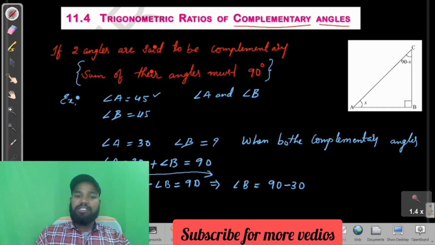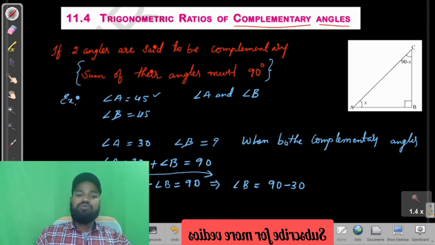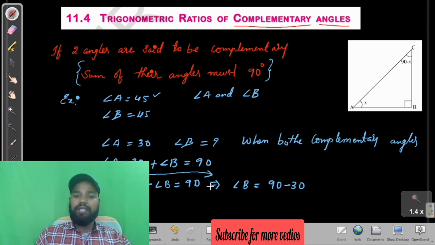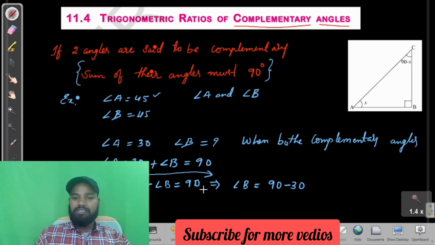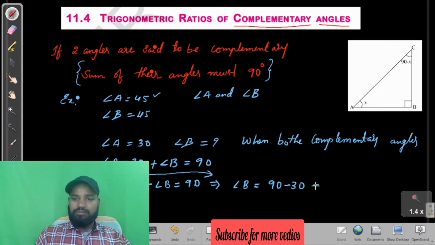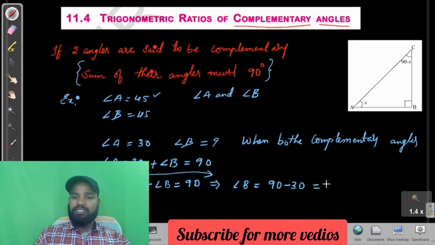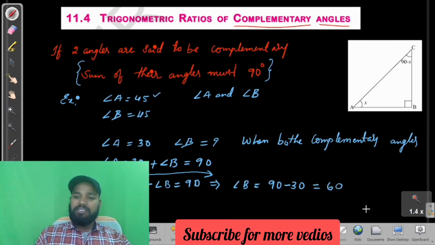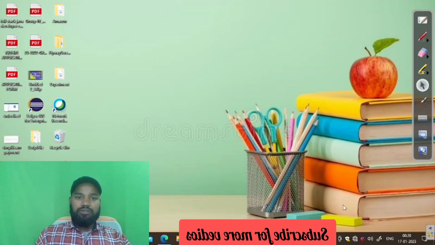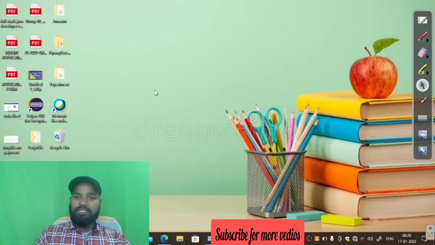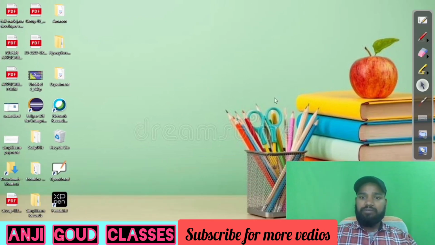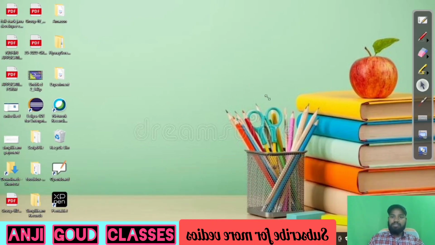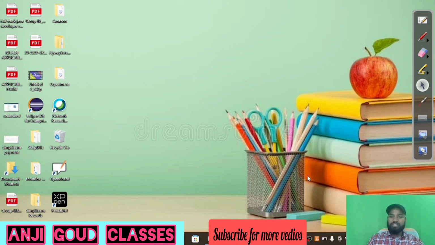This positive quantity, when it is transposed towards the RHS side, becomes a negative quantity. So it becomes 60 degrees. I hope I am clear.